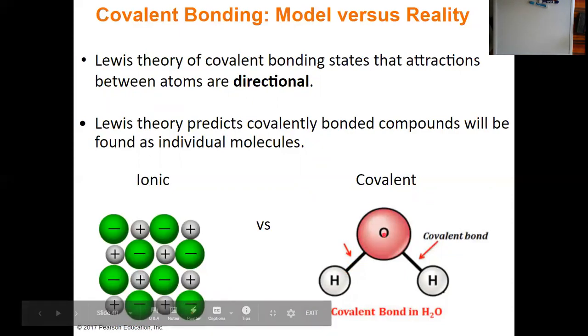There's a point A and a point B, and there's a bond between them. This is the direction. It's not like in an ionic bond where, if you focus in on this particular anion, there are attractions 360 degrees around this particular ion. Hopefully that makes sense.